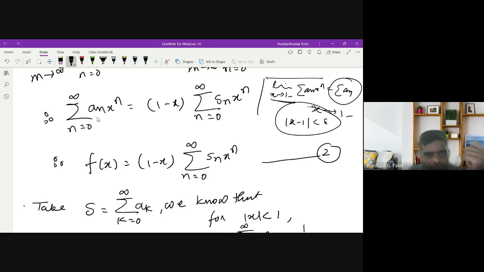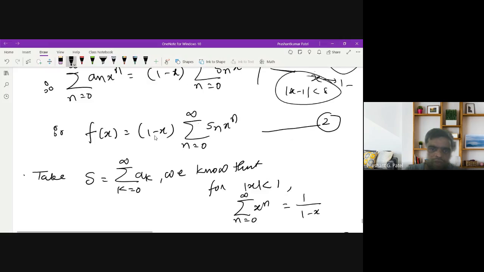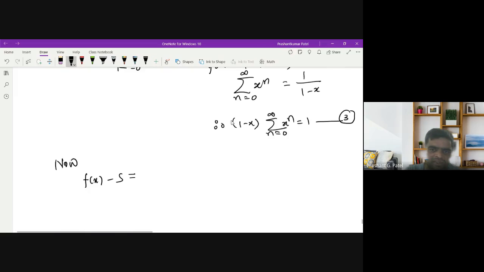So let us see what f(x) minus S is. I am not taking the modulus here, we'll take the modulus later on. What is f(x)? From equation 2, f(x) is 1 minus x into the summation of Sn x raised to n.